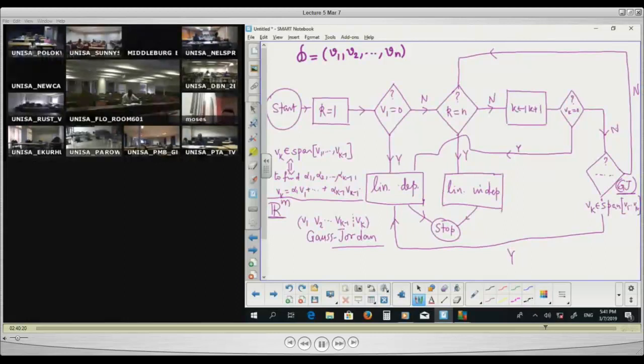This we have not come to yet. So this decision procedure here, either this route or this route, will take us through Gauss-Jordan. Clear? Next step.